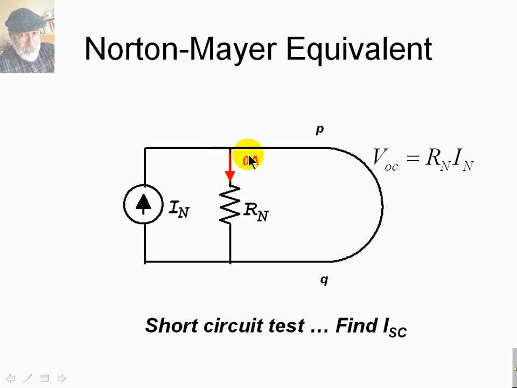But a KCL equation here at the top tells us that all the current from the Norton source will flow through the short circuit, so the short circuit current is in reality the same as the Norton current. That is the result of the short circuit test. If we put those two equations together, we find that the Norton resistance is the open circuit voltage divided by the short circuit current. And that's how we find the Norton-Mayer equivalent.